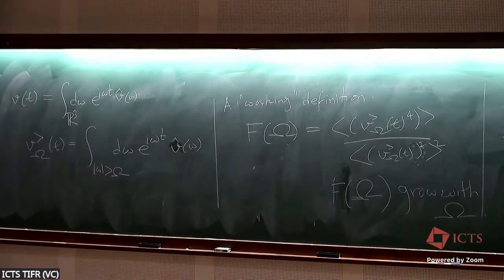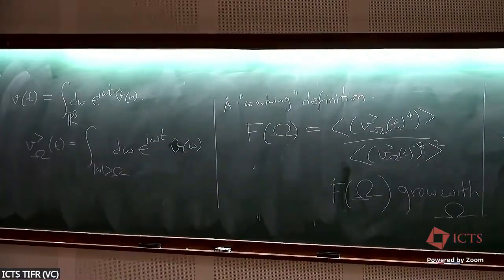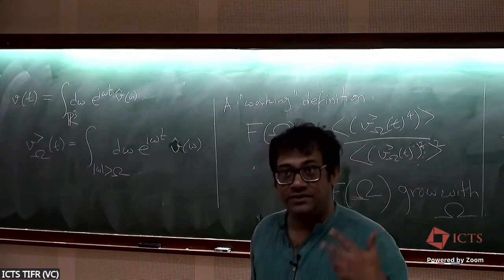It's as if I'm taking off my glasses, and so I can only see things up to a certain scale. I've taken the fourth power, done the average, divided by the second power average, then squared. And now, does it depend on what my cutoff frequency was? If it does, that means the function is intermittent. So everything depends on the scale at which you look, and so scale invariance is lost. All right.